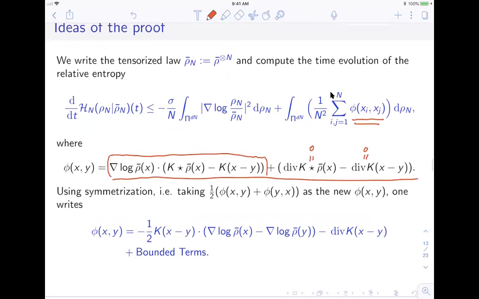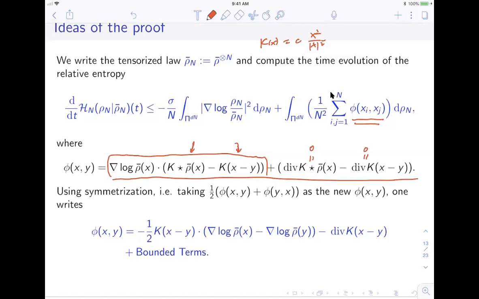In the following, let's just consider K as the Biot-Savart law. Here there is a singularity, but we can cancel this singularity by symmetrization. Not really cancel, we just make this bounded.